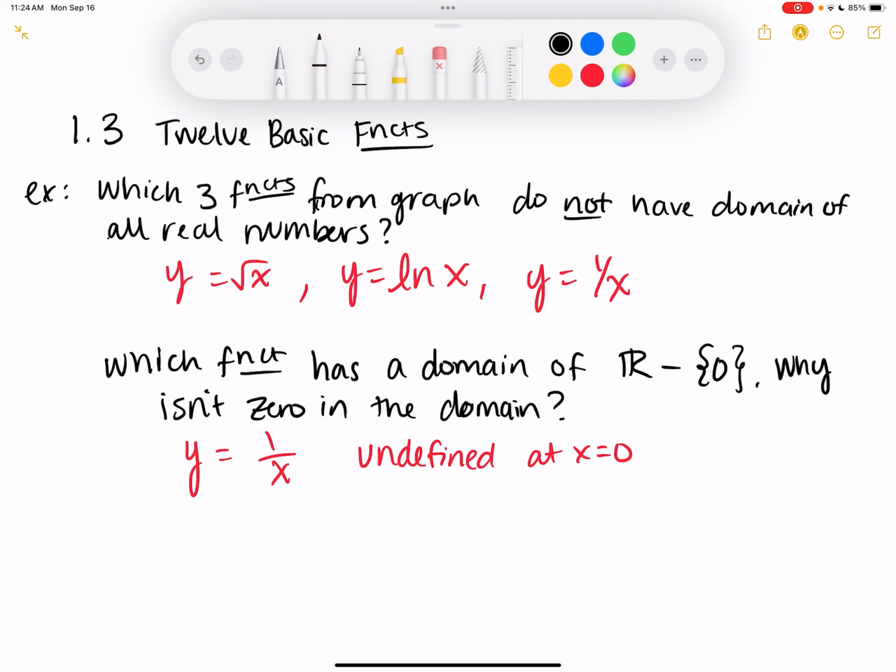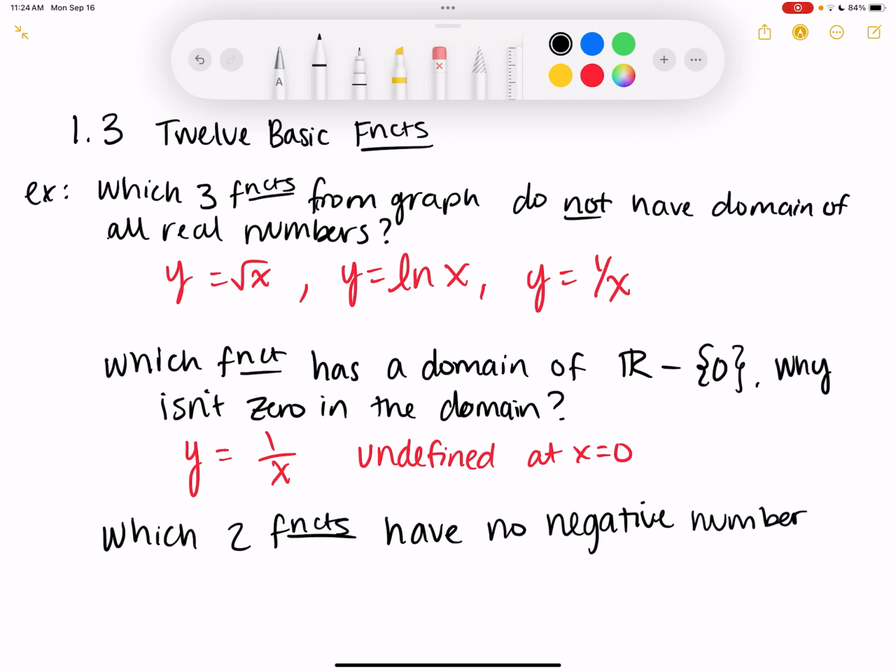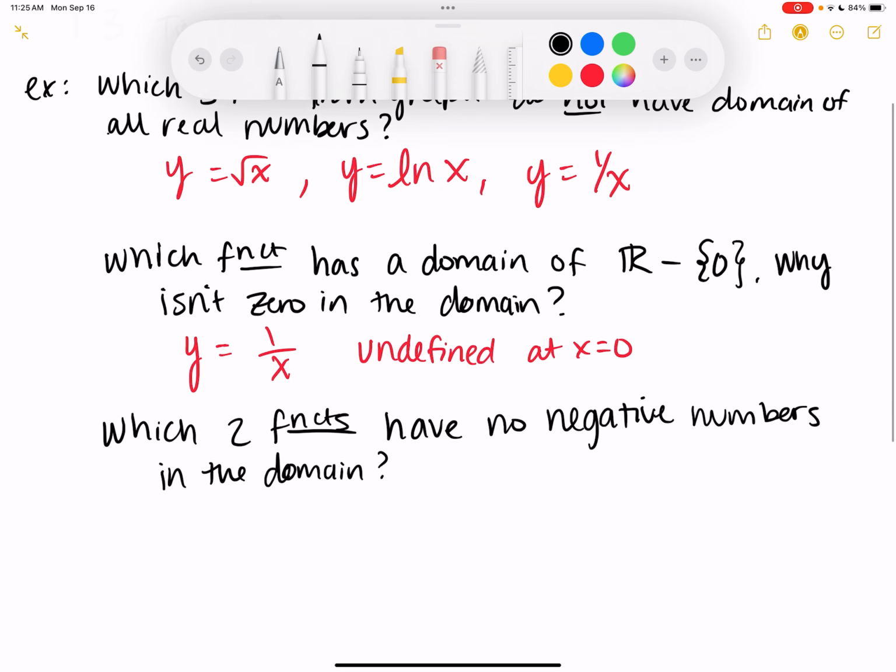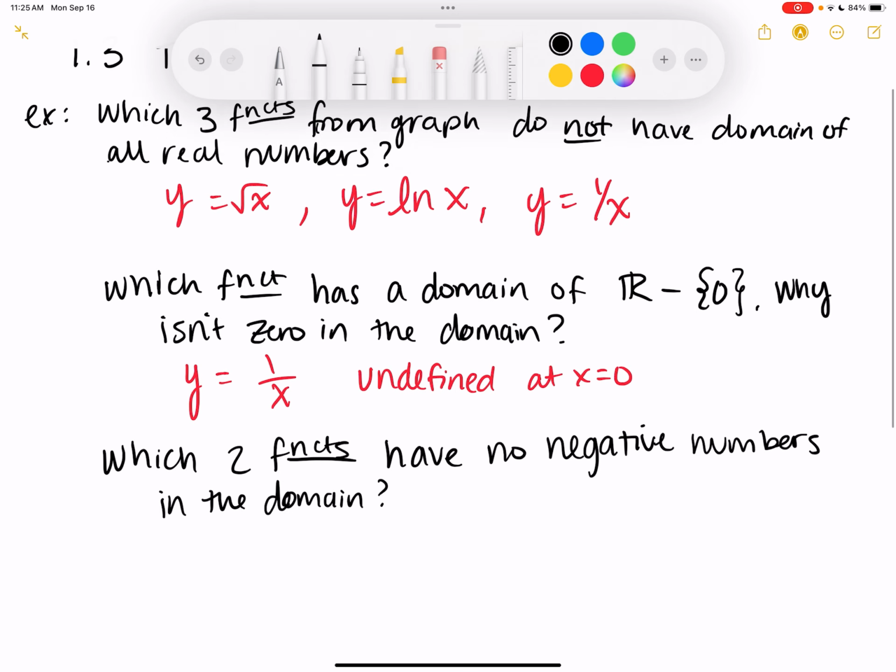Then, which two functions have no negative numbers in the domain? So out of those three, which ones do not have negative numbers?